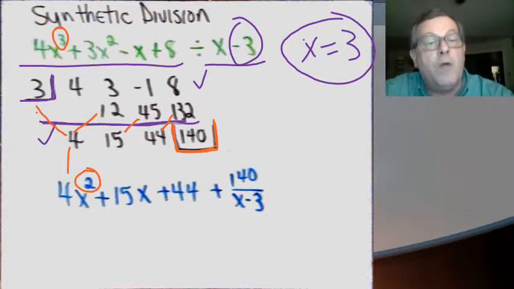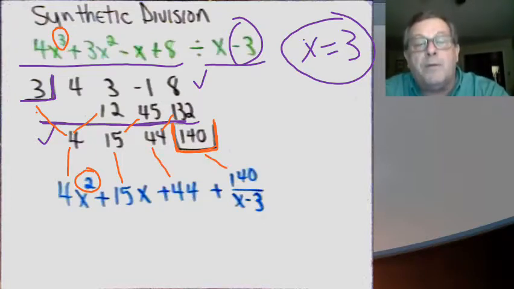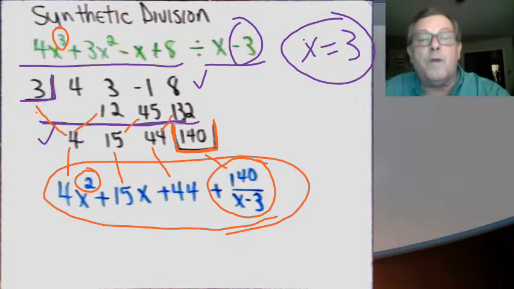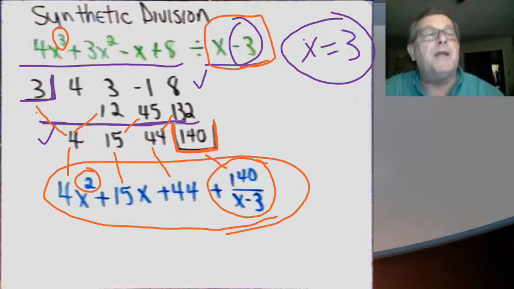So we've got 4x squared plus 15x plus 44. And then we've got our remainder, 140, which we put over x minus 3. And here's our answer: 4x squared plus 15x plus 44 plus 140 over x minus 3, which is our original divisor. Synthetic division.